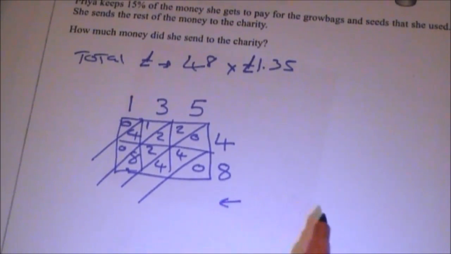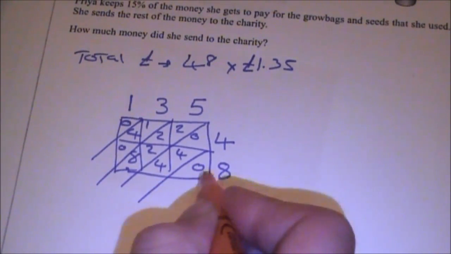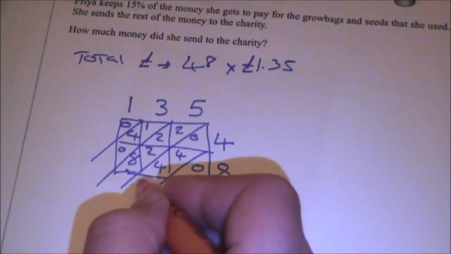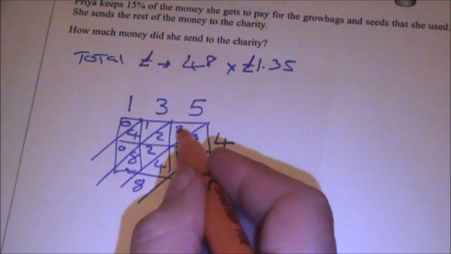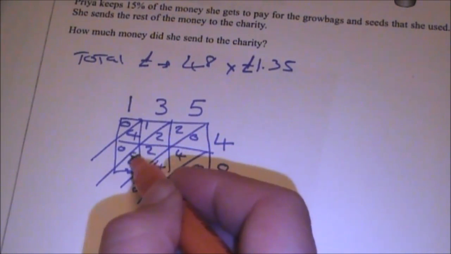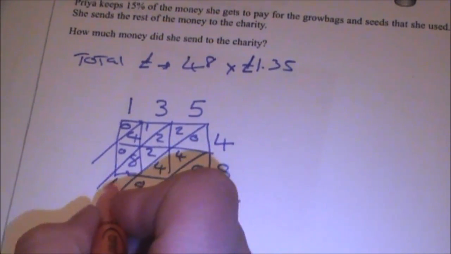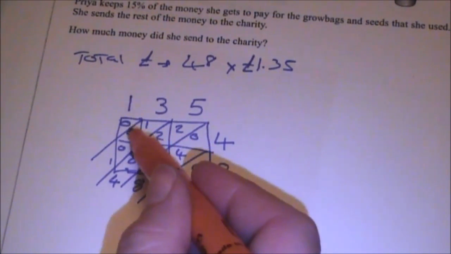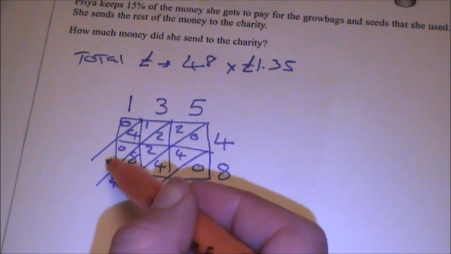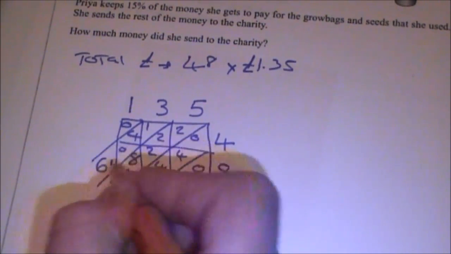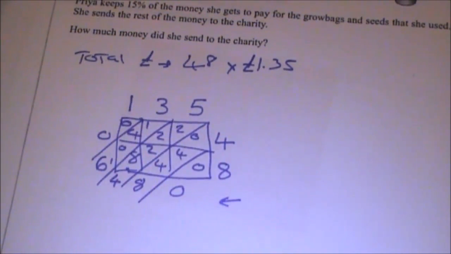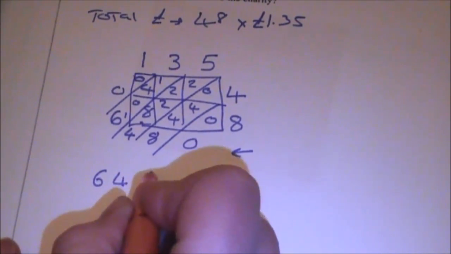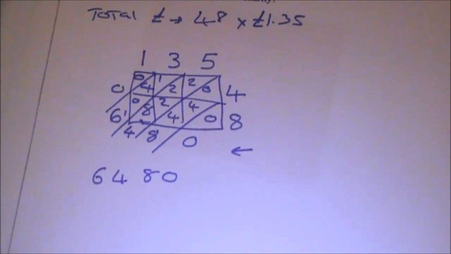Add them together diagonally, so there is a 0. There is a 0, a 4 and a 4, so that's 8. That's a 2 and a 2 and a 2 and an 8, which is 14, so I put my 4 down, carry my 1. Here I've got a 1 and a 4 and a 0 and the 1 I carried, and that gives me 6, and there I've got a 0. So my answer is 6, 4, 8, 0.